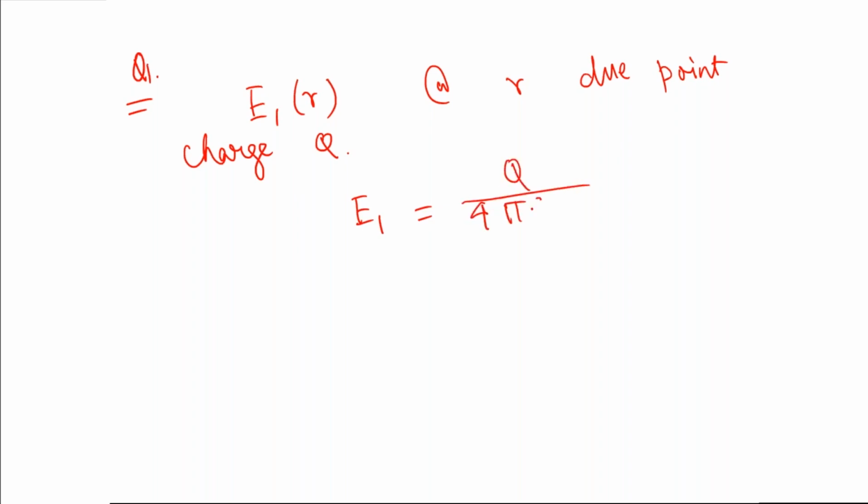The second one was the electric field at R due to a long wire.